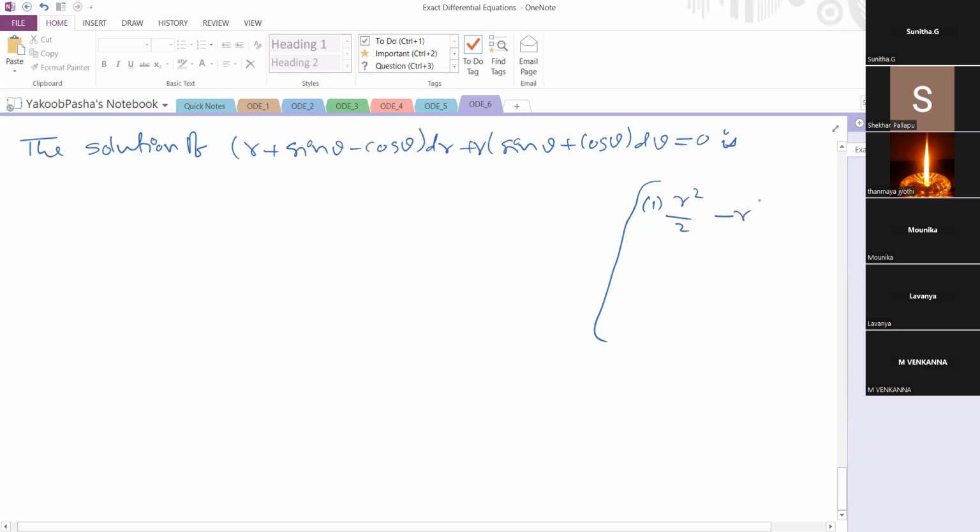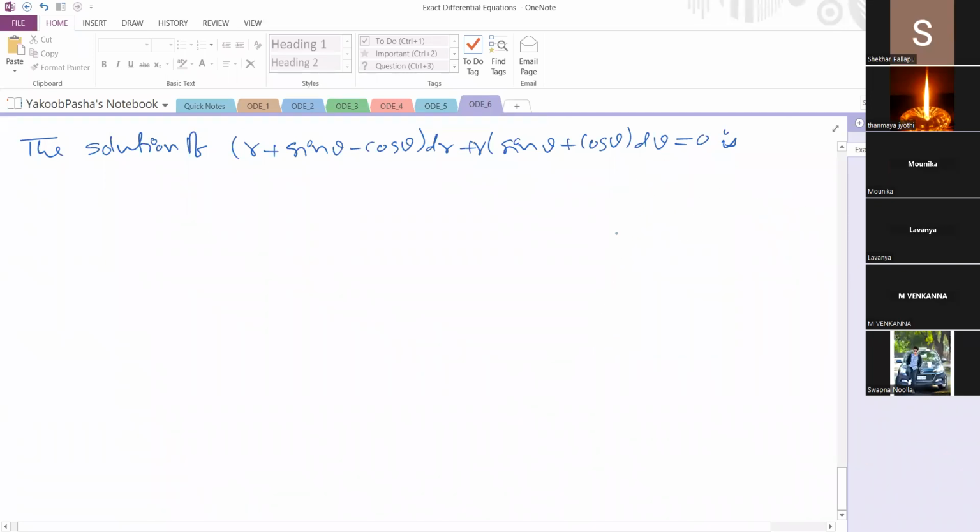First option, r square by 2 minus r into sin theta minus cos theta is equal to c. Second option, r square by 2 plus r into sin theta minus cos theta is equal to c.